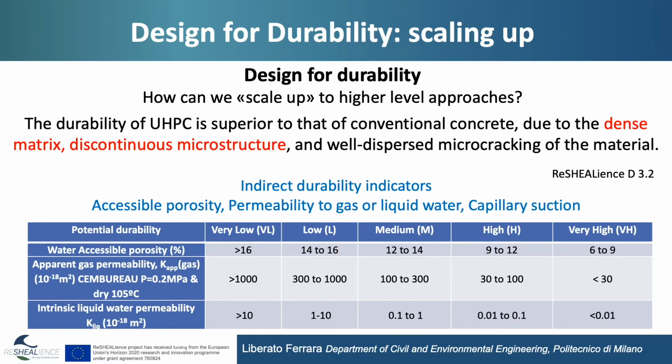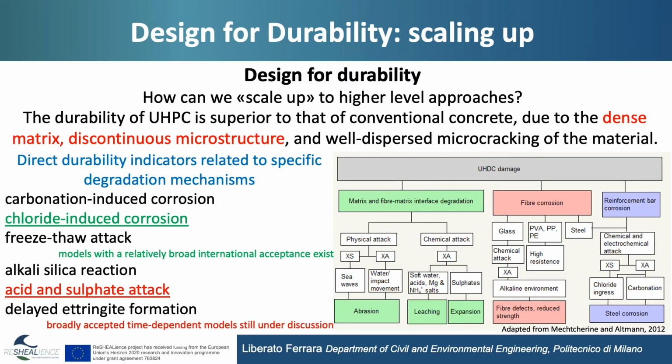Then we have to consider not only general interaction of the concrete with the environment, but also specific degradation processes, which can be, as they are listed in the table in the right part of the slide, the degradation of the matrix or of the fiber matrix interface or of the reinforcement matrix interface due to physical and chemical attacks, the corrosion of the reinforcement or of fibers.